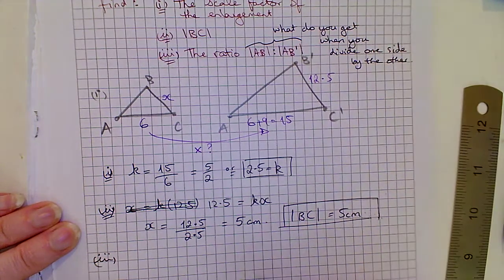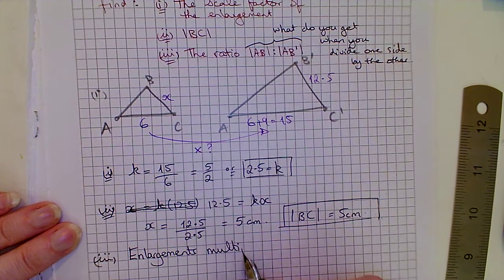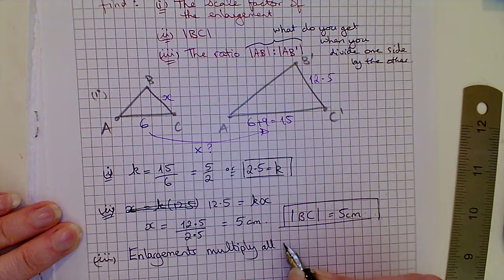And what they're relying on here is the fact that enlargements multiply all sides by the same amount.